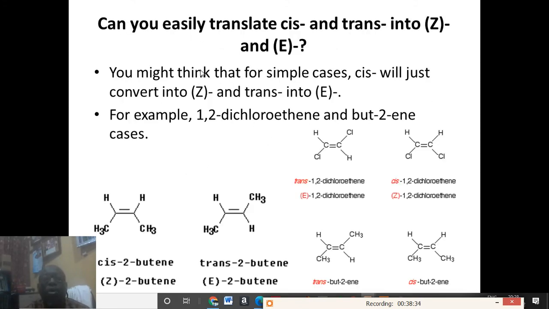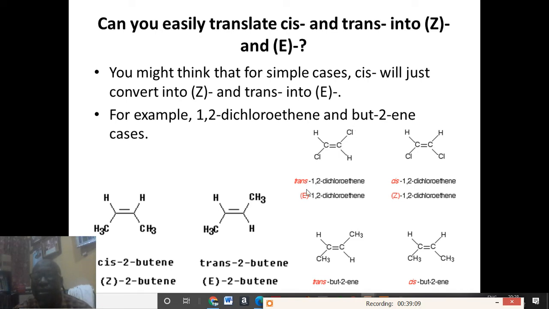Now, can we convert cis-trans to E/Z? Is it possible that when you have identified an isomer as cis or trans, we can immediately say cis is Z or trans is E? For example, if you have 1,2-dichloroethene, this is trans, and for this case it is E, because here you have chlorine and chlorine, which are ranked high, on opposite sides.